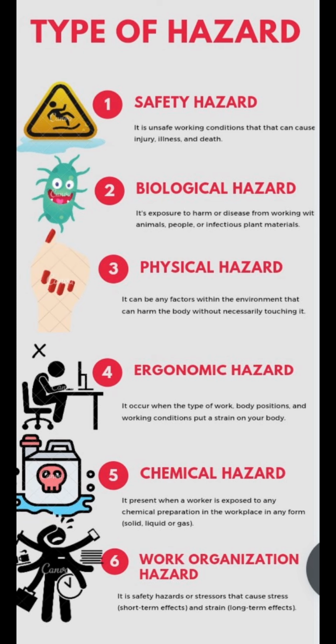Those that work in the utility sector are more likely to be at risk of safety hazard. When we say biological hazard, it's exposure to harm or disease from working with animals, people, or infectious plant materials. So, biological hazards include viruses, bacteria, yeast, molds, and others.